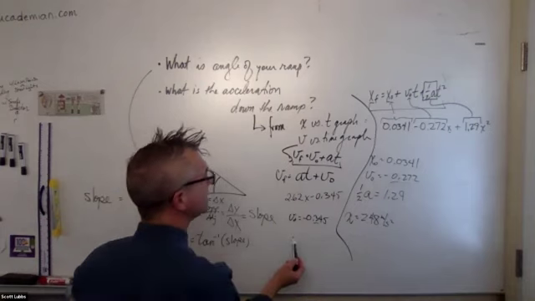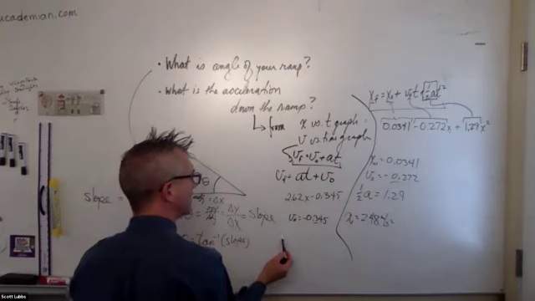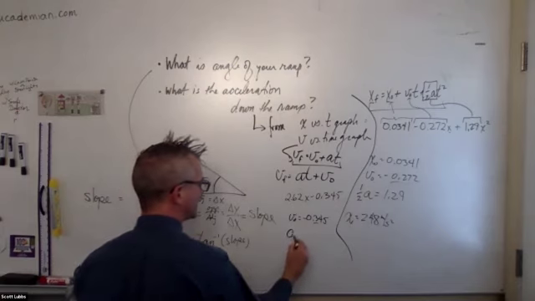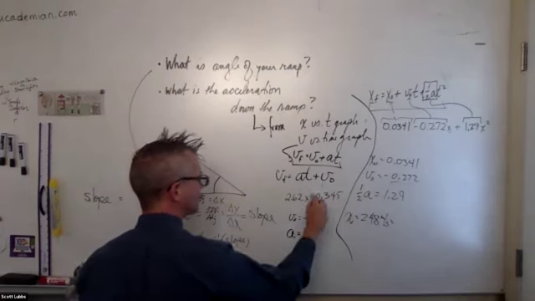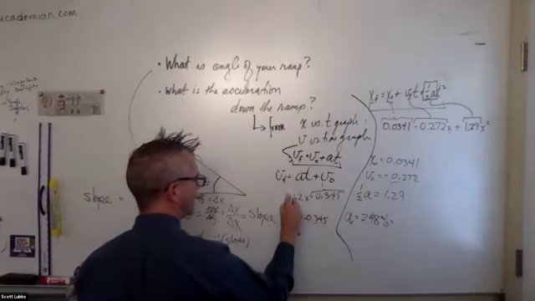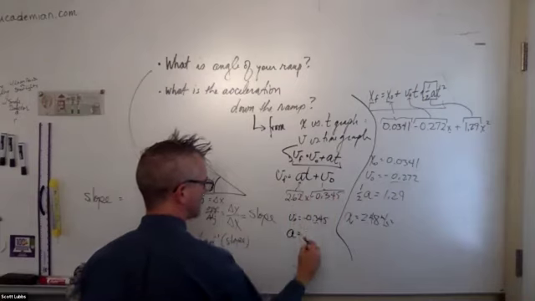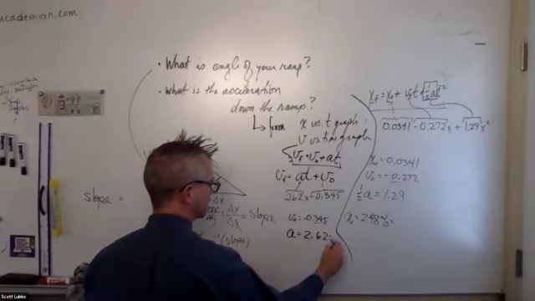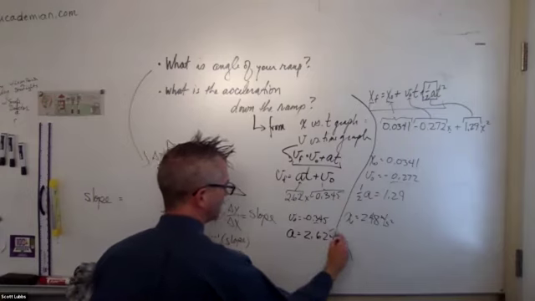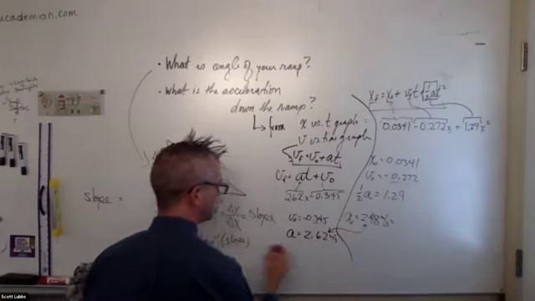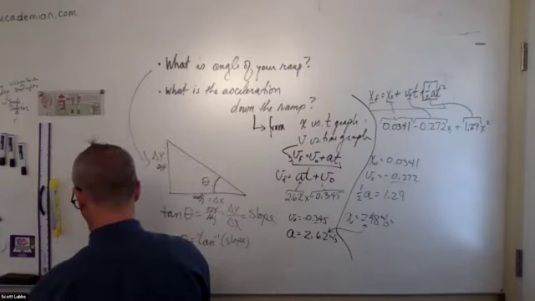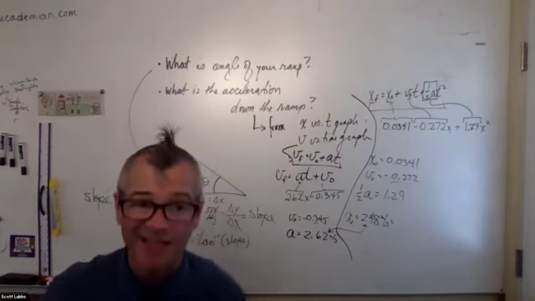The initial speeds on both of those aren't quite the same. That's all right. But then my acceleration, because this is this number, and this one is this number, is 2.62 meters per second squared, which is pretty close to that. They will not necessarily be the same.